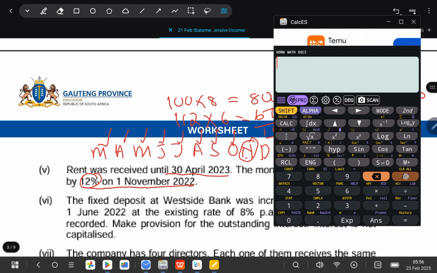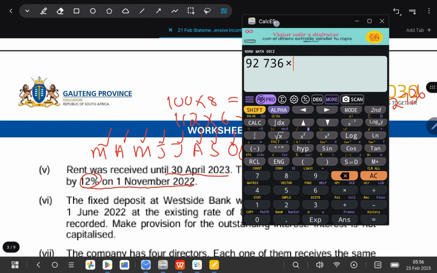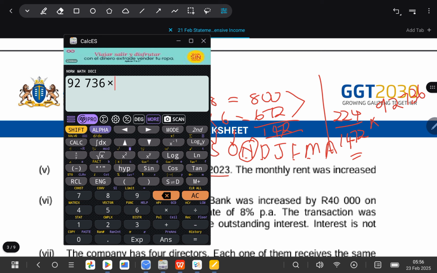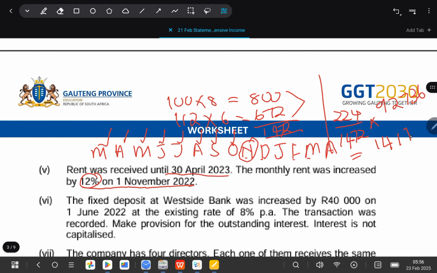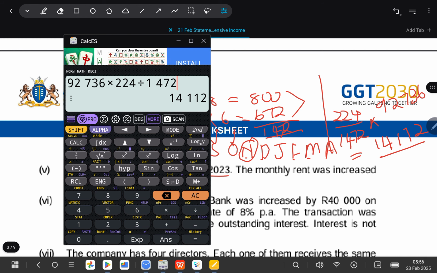So remember, we'll say 92,736 multiplied by 224 divided by 1,472, which gives us 14,112. Okay, so this is the prepaid amount that we are supposed to subtract on our rent income.